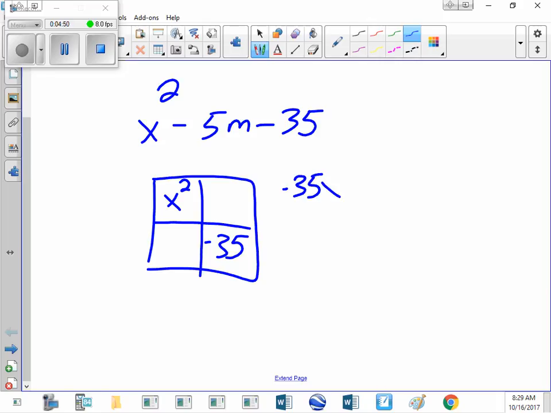Negative 35x squared. Now, this is negative, which tells me the signs are different. And the middle sign is negative, which tells me the bigger one gets the negative. What are the factors of 35? 1 and 35. 2 doesn't work, 3 doesn't work, 4 doesn't work, 5 and 7. Will one of those give me a negative 5? No. So this one is prime.